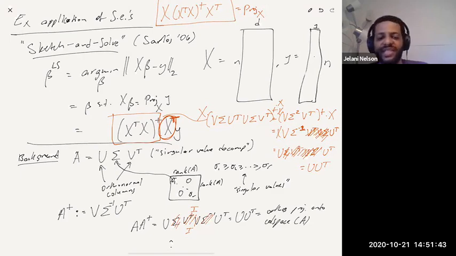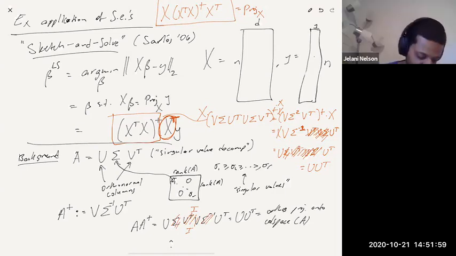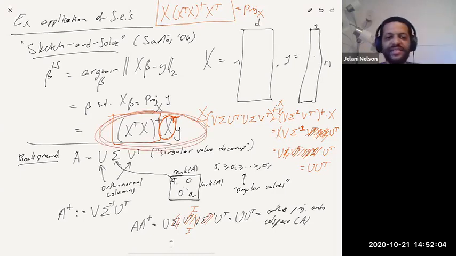I don't want beta to be the orthogonal projection of Y. I want X beta to be the orthogonal projection of Y. Oh, okay. So if I choose beta to be that thing, then X beta will be the projection of Y. Does that make sense? Yeah, I think so.